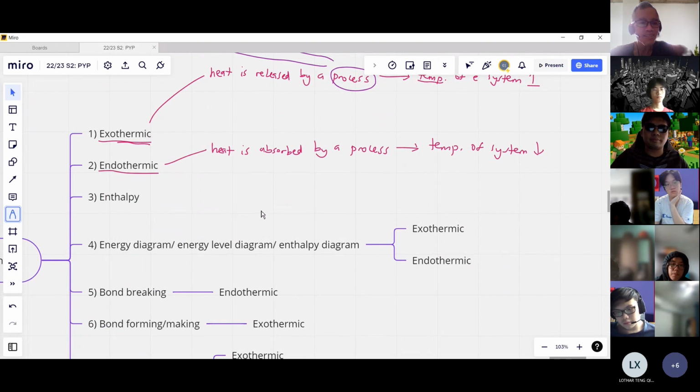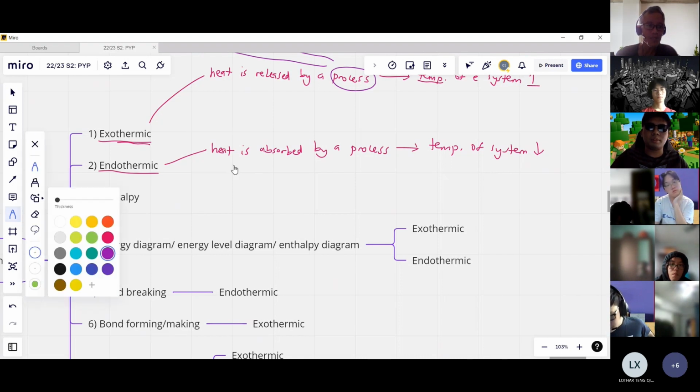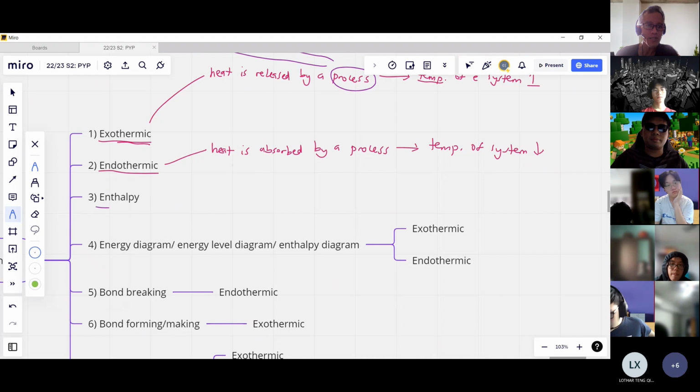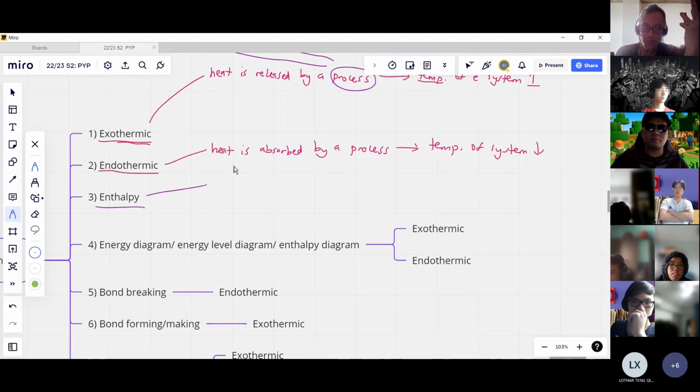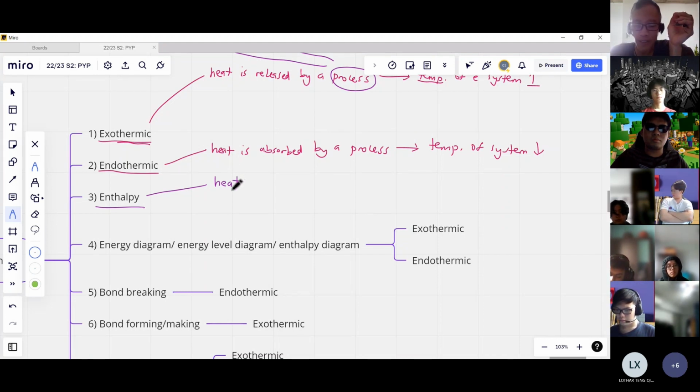Okay, there's the third new word that you have to know, something called entropy. To make a long story short, what is entropy? You do not need to define it, but to understand it, this entropy is basically heat. Even though there is, I would say, a more detailed definition, there's no need to go into those.